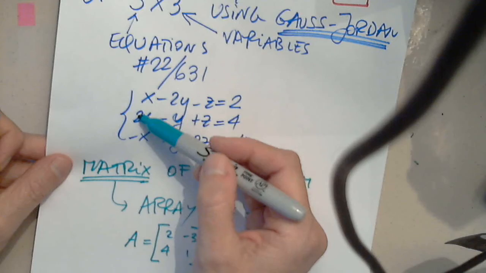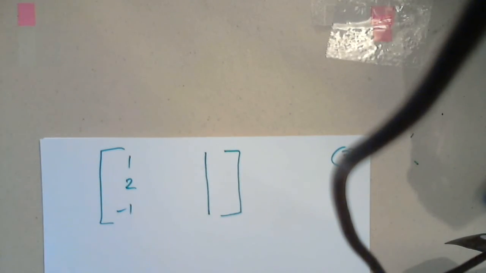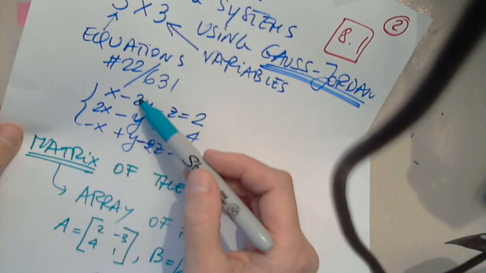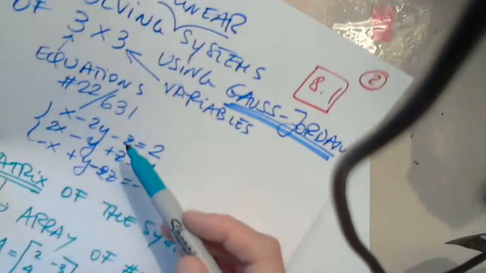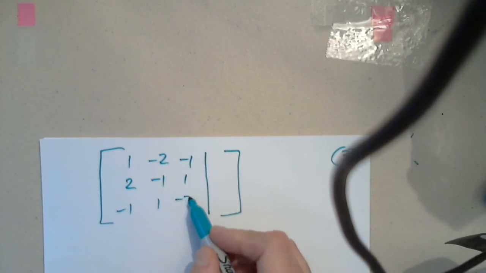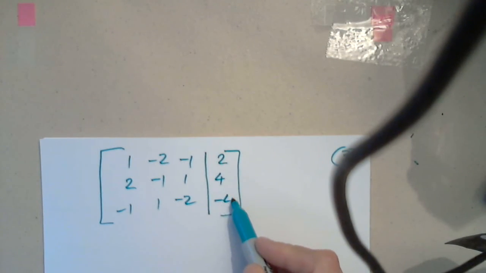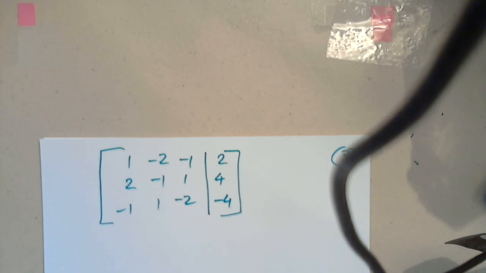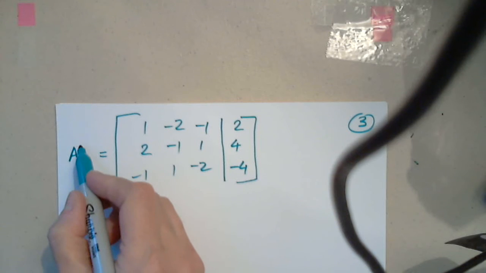I write 1, 2, negative 1, coefficients corresponding to x. I write negative 2, negative 1, 1, coefficients corresponding to y. Negative 1, 1, negative 2 corresponding to z, and then 2, 4, negative 4 corresponding to the free terms. The notation for this, however, is something like this.